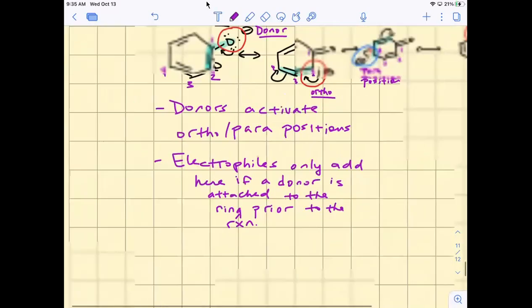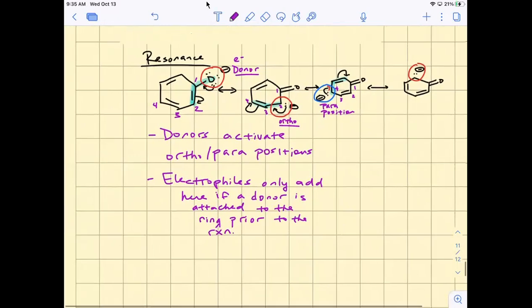Because in each one of the cases we've looked at, the ring is the nucleophile and whatever we're adding in is the electrophile, be it a halogen or an alkyl group or an acyl group. All of those are electrophiles being added to the ring.